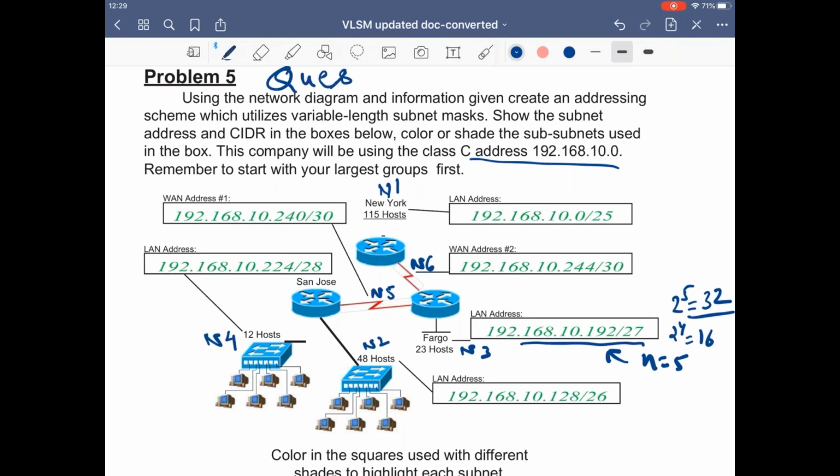For network 5, the broadcast ID is 10.243. Network 6 starts from 244 and ends with 247. 247 is the broadcast ID for network 6.